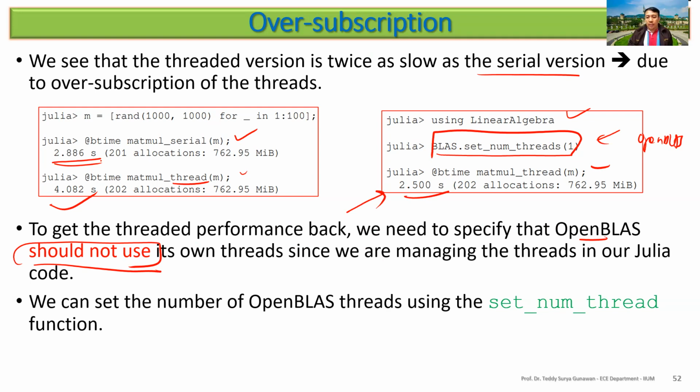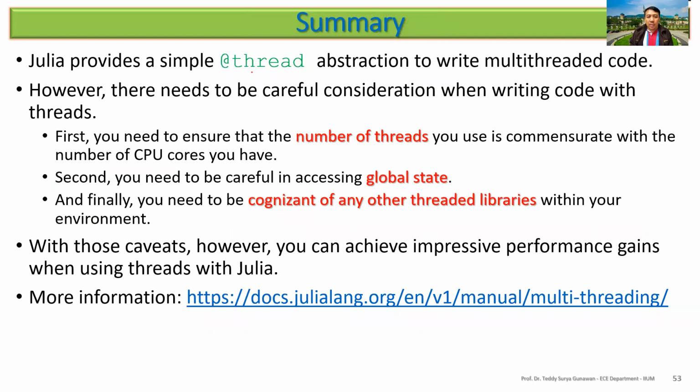In summary, Julia provides a simple thread abstraction to write multi-threaded code. It's easy, similar to OpenMP. However, we need to first ensure that the number of threads is not larger than the number of physical CPU cores that we have.